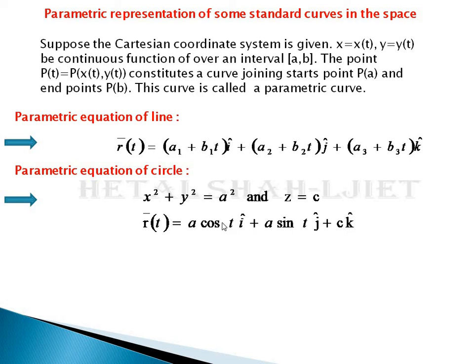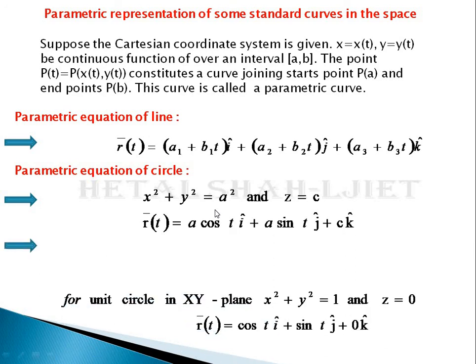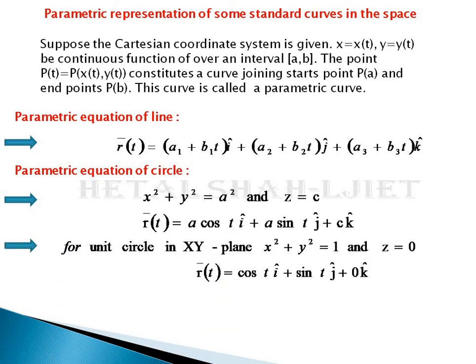This is the generalized form of the parametric equation of a circle. For a unit circle in the xy plane, a is 1 because it is a unit circle, so x square plus y square is equal to 1, and for z is equal to c, consider z is equal to 0. So this is the generalized form for the parametric equation of the unit circle, right?